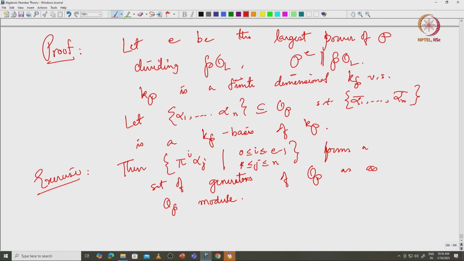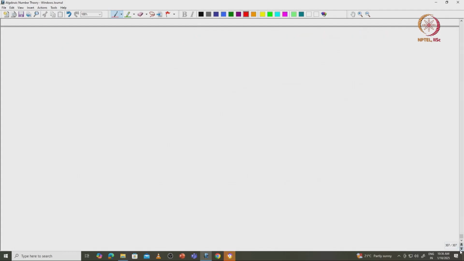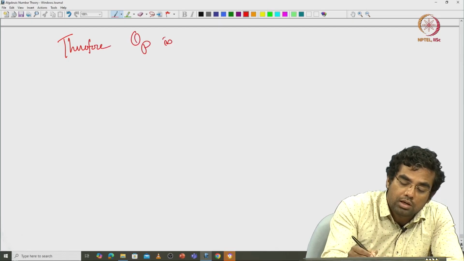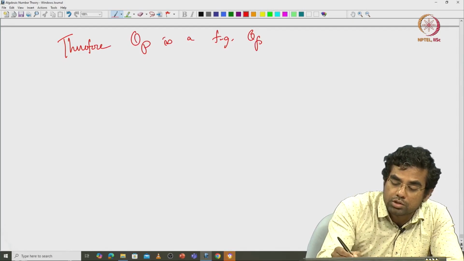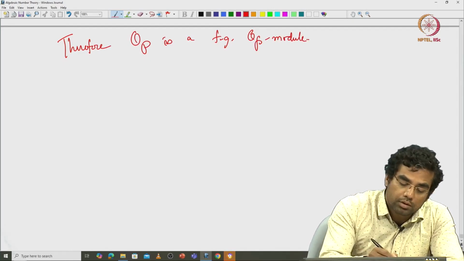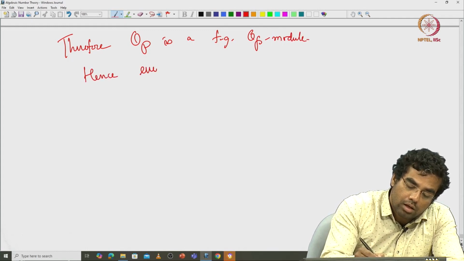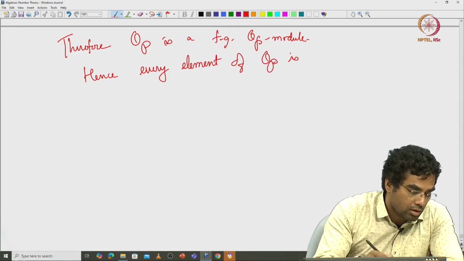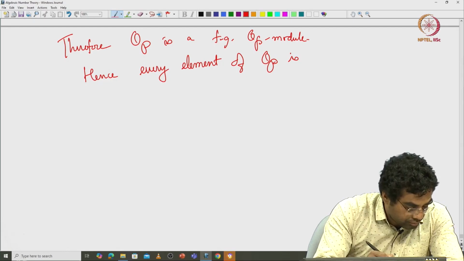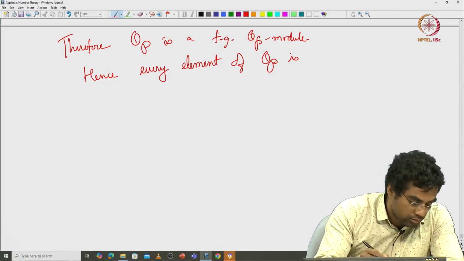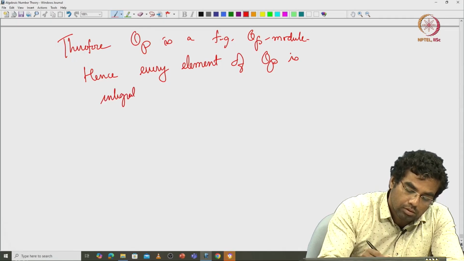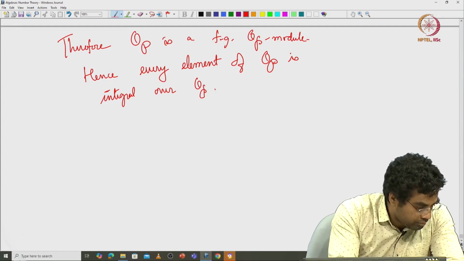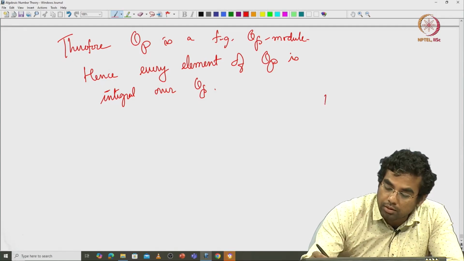So, that is roughly the idea, and therefore O_P is a finitely generated O_p module, hence every element of O_P is integral over O_p, right. Okay.